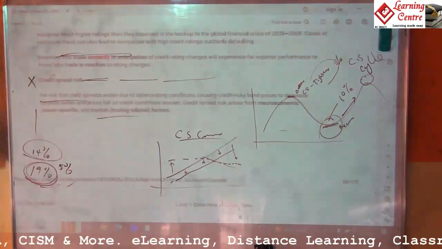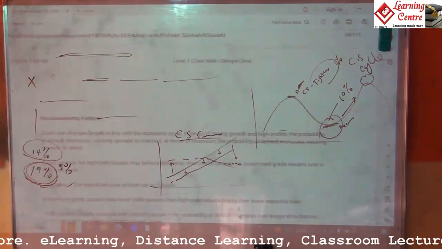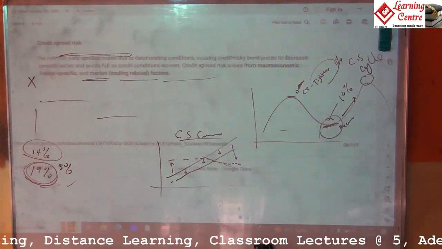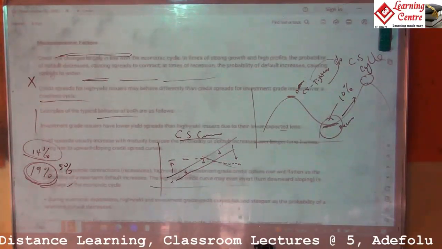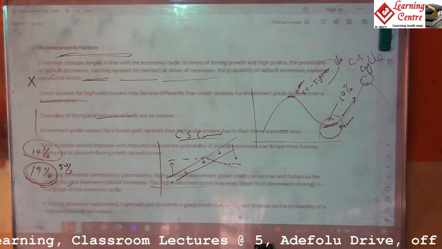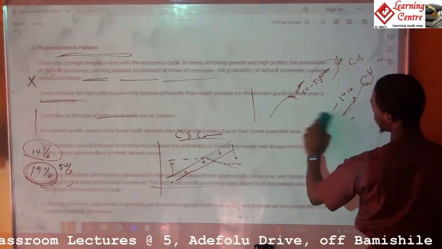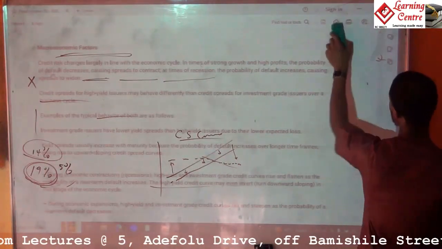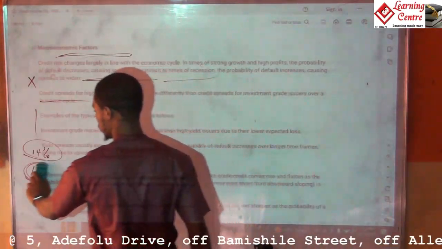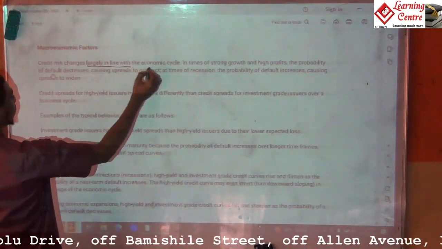Okay. What are the factors that influence this credit cycle and the credit spread risk? You have your macro factors, in line with the economic cycle.